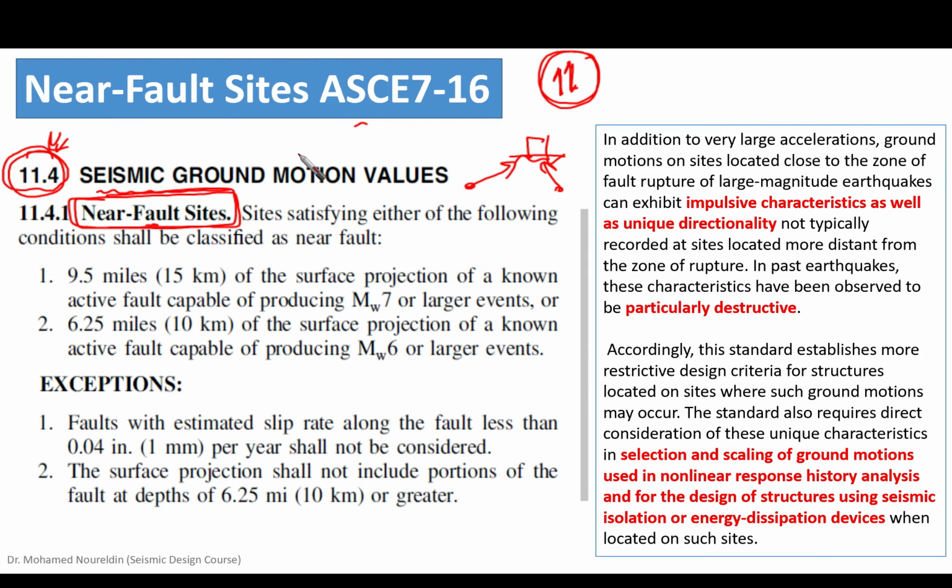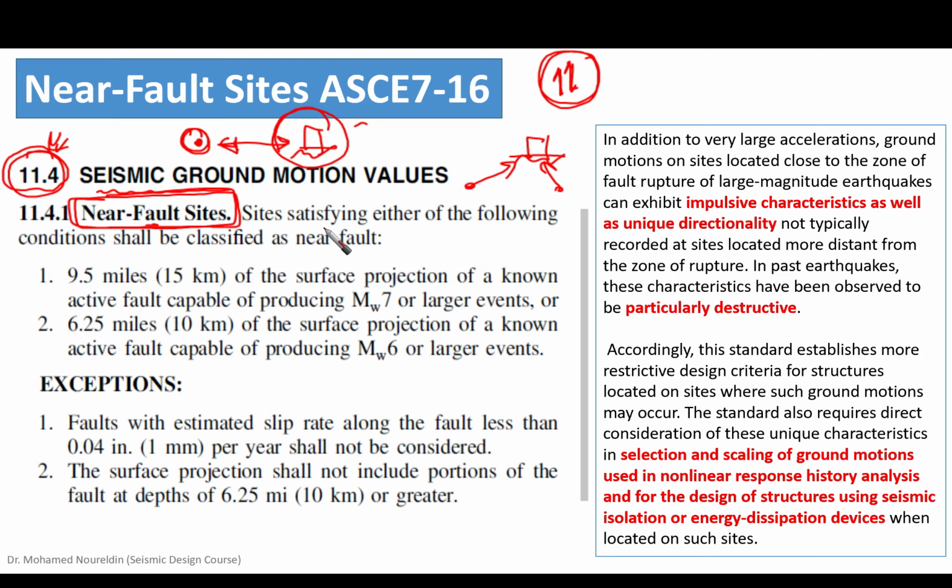If we have a fault, do you remember that in the previous videos I explained about faulting, the source of earthquakes, and the propagation of the waves? So if we have the epicenter of an earthquake and our building is near it, within a specific distance, then there are some additional requirements needed, and we need to consider that in our design.